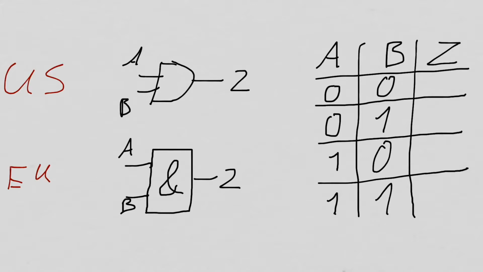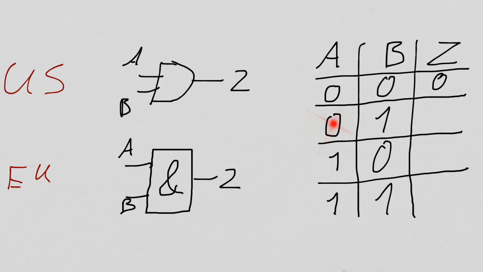If we have an AND gate, that means that we need both inputs to make the output true. So when we have false and false in the input, of course we've got a false in the output.